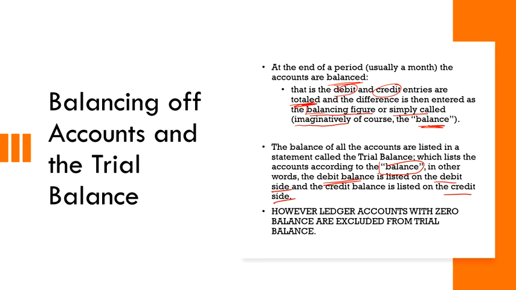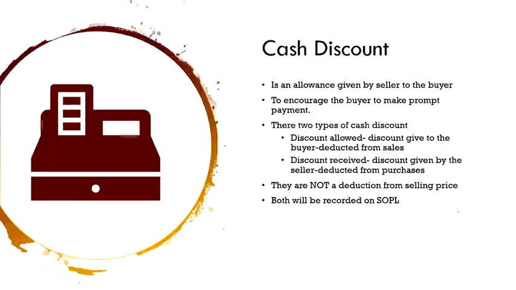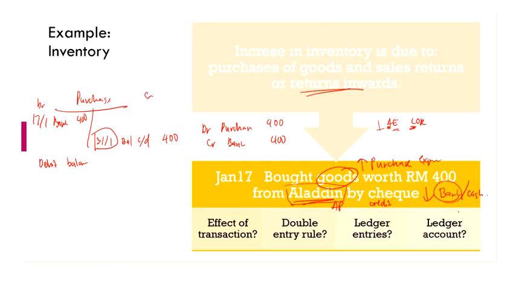Okay, so however, ledger accounts with zero balance are excluded from the trial balance. Okay, so maksudnya yang kita buat ledger ni, nanti kita akan post dia into trial balance. Dalam trial balance tu, kita akan ada name of company, okay, ABC Sentian Berhad.